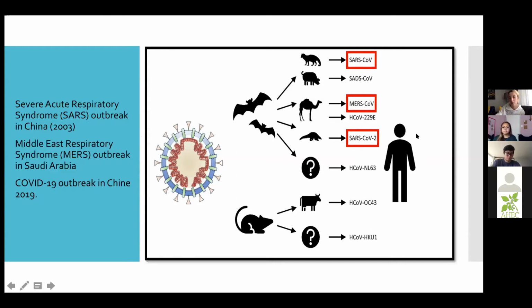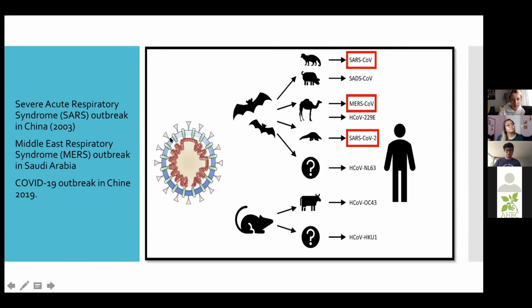We know coronaviruses can be transmitted from animals to humans. Those are not very well known, because we never had a pandemic with those viruses. The ones in the red boxes are the main ones that we had in 2003, 2012, 2019. Make sense?